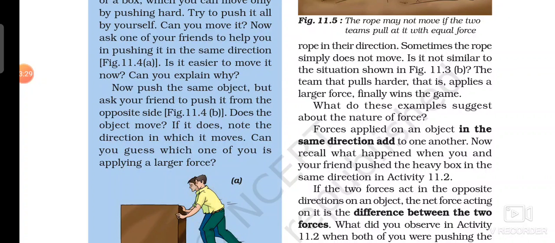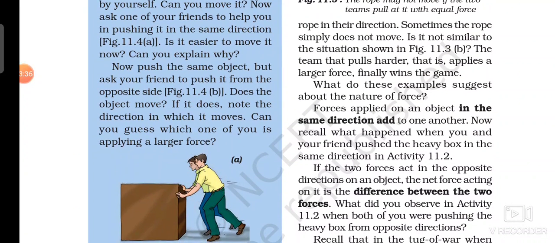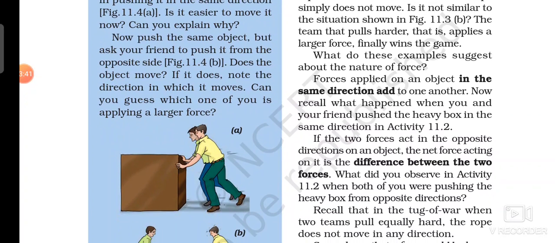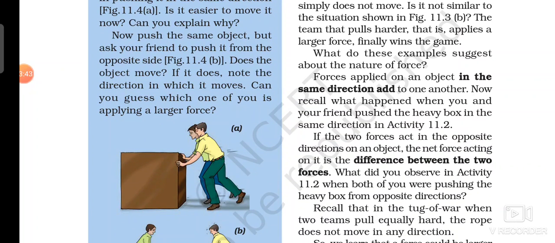Now, besides magnitude, the direction of force is also necessary to be specified. हम किस दिशा में फोर्स अप्लाई कर रहे हैं वो देखना भी इतना ही इम्पॉर्टेंट है.